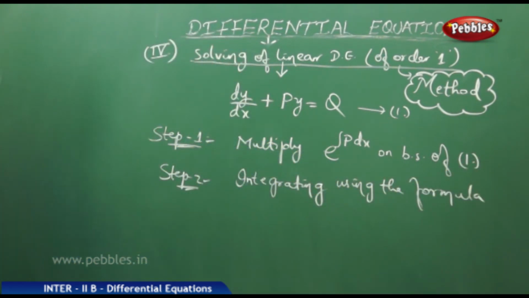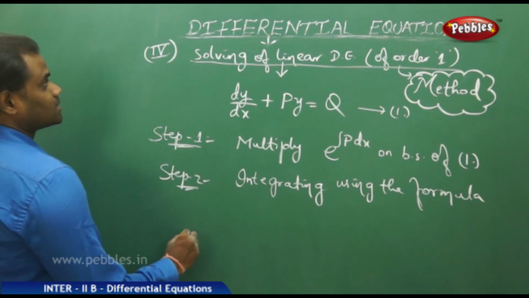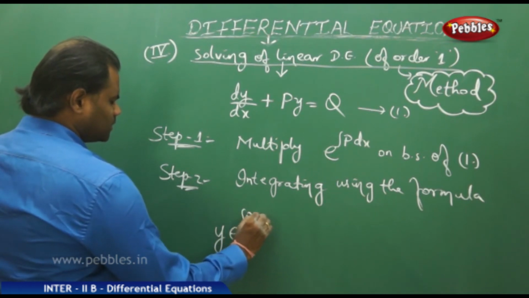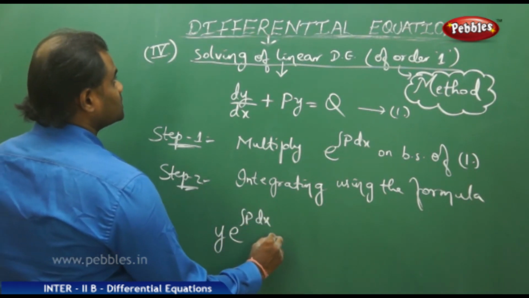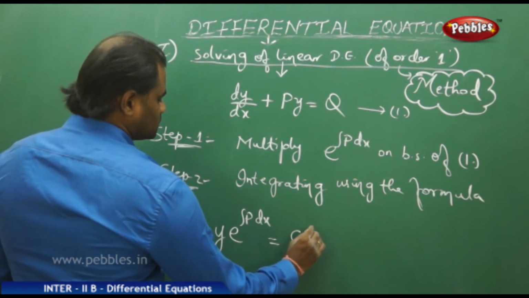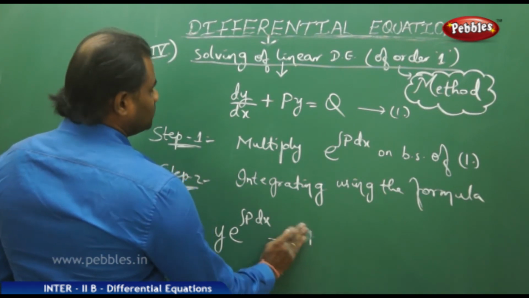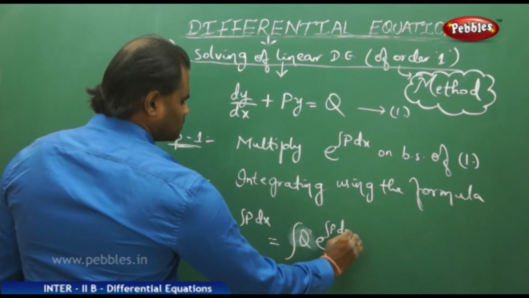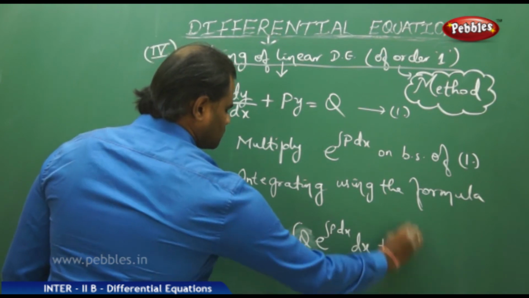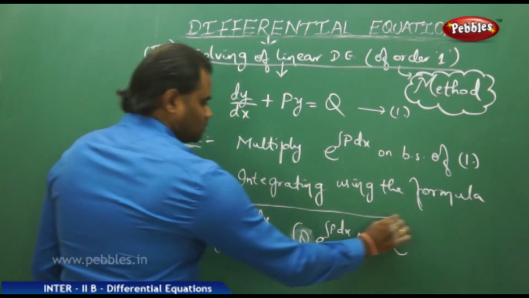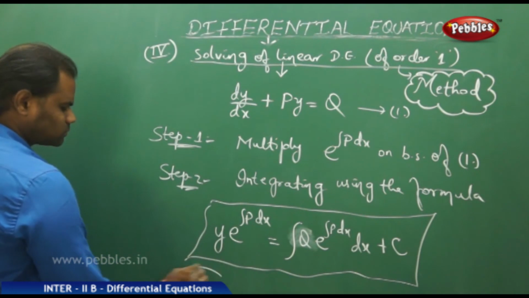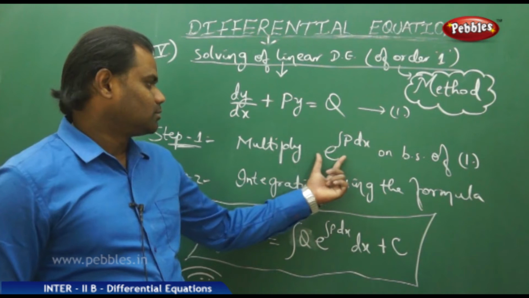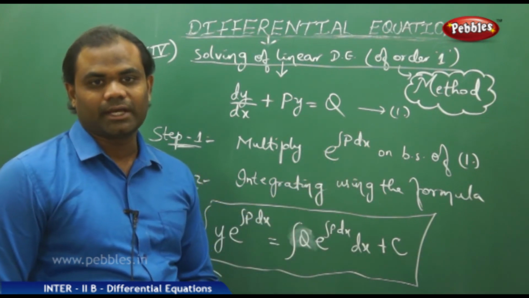So with these two steps we get the answer as y e^(∫P dx) is equal to ∫Q e^(∫P dx) dx, which is how it gets reduced using the quantity e^(∫P dx).